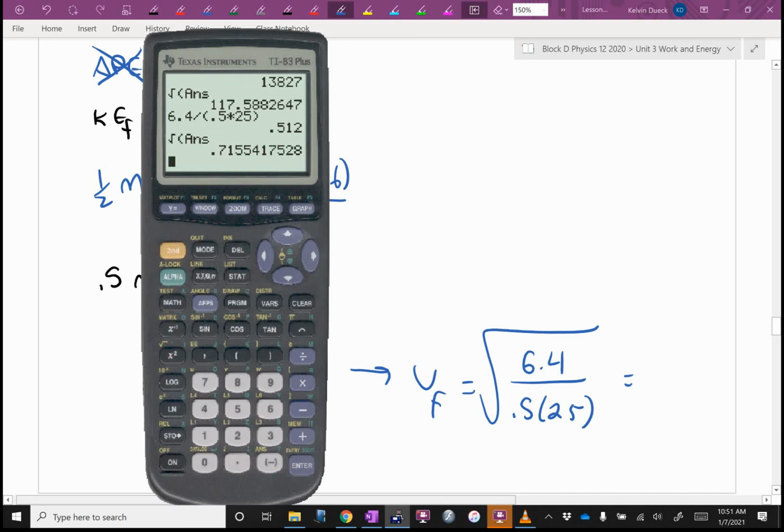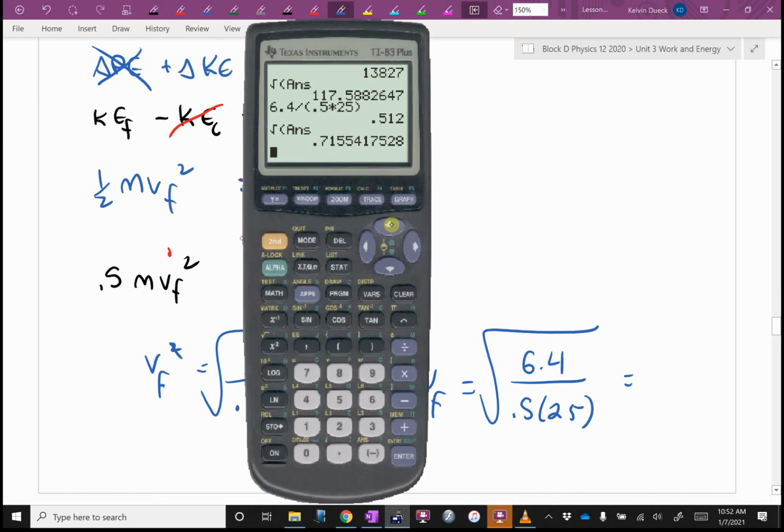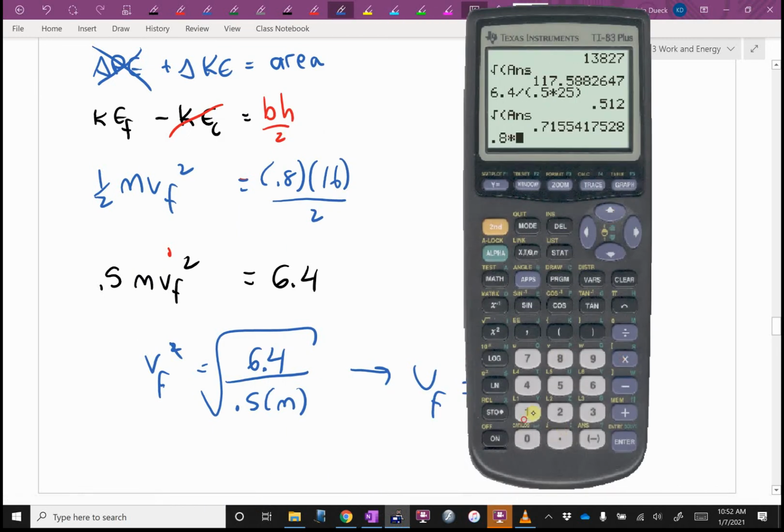You get 0.7155? So 0.716 if I go to 3 sig figs? Meters per second? Just making sure all my numbers were right. Yeah, 0.716.